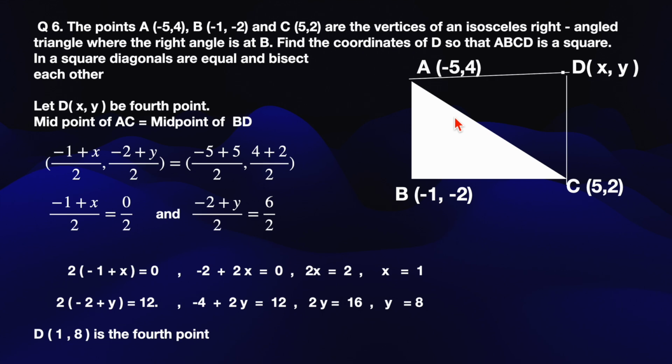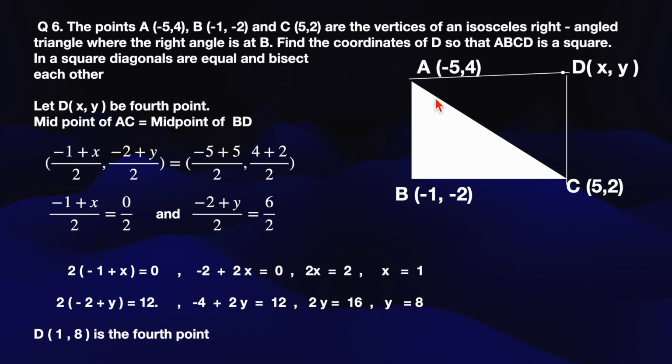Now let's solve the sum. Let D(x, y) be the fourth point, and we are going to find the coordinates of this point. Now, midpoint of AC is equal to midpoint of BD. Why? Because it is a square.